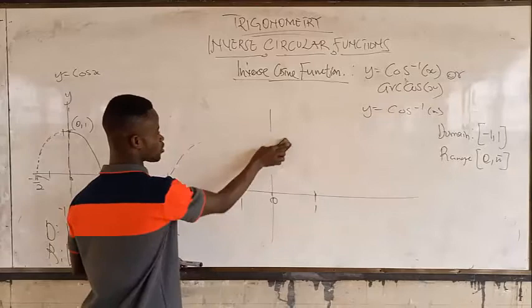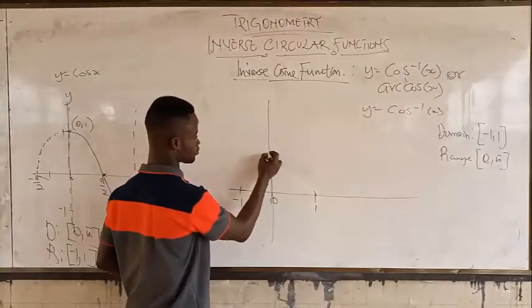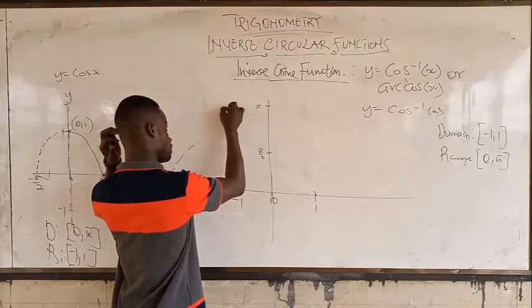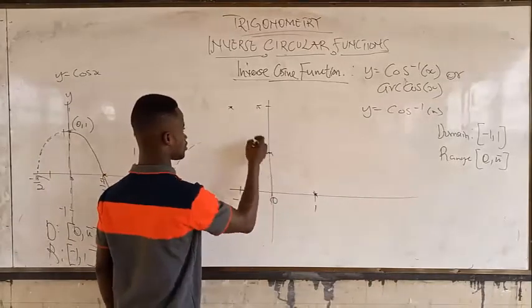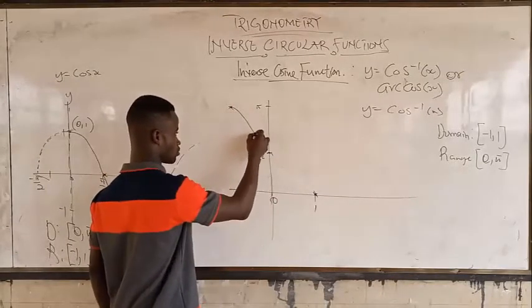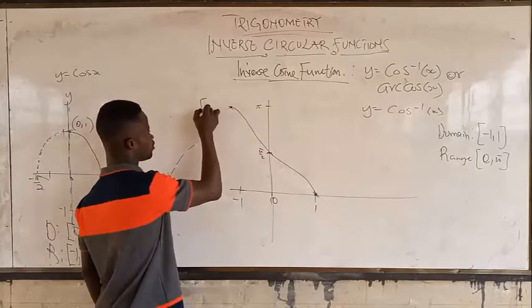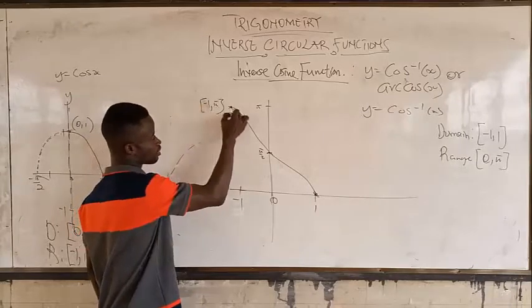Let me increase it more so that I can get a nice sketch for you. The point here will be negative 1, pi.